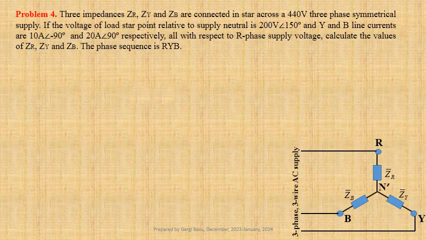Let us first write down the given data. Line to line supply voltage VL equals 440 volts.